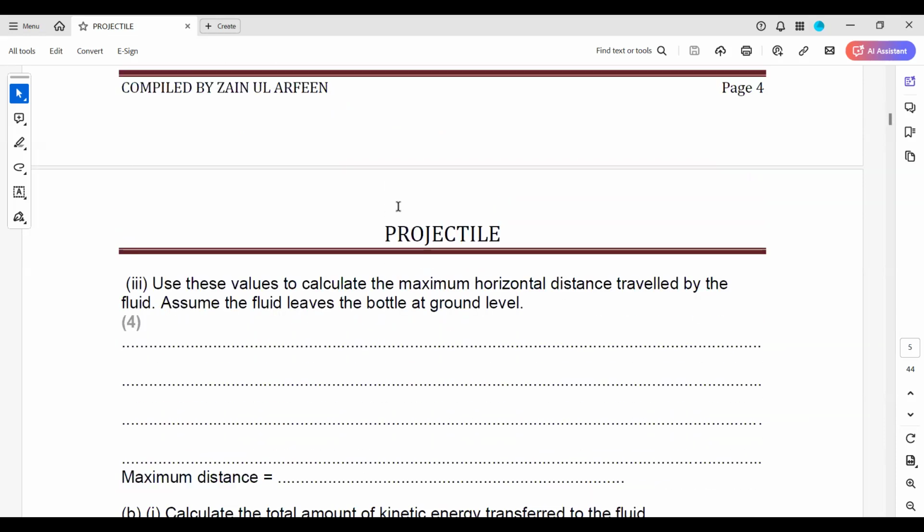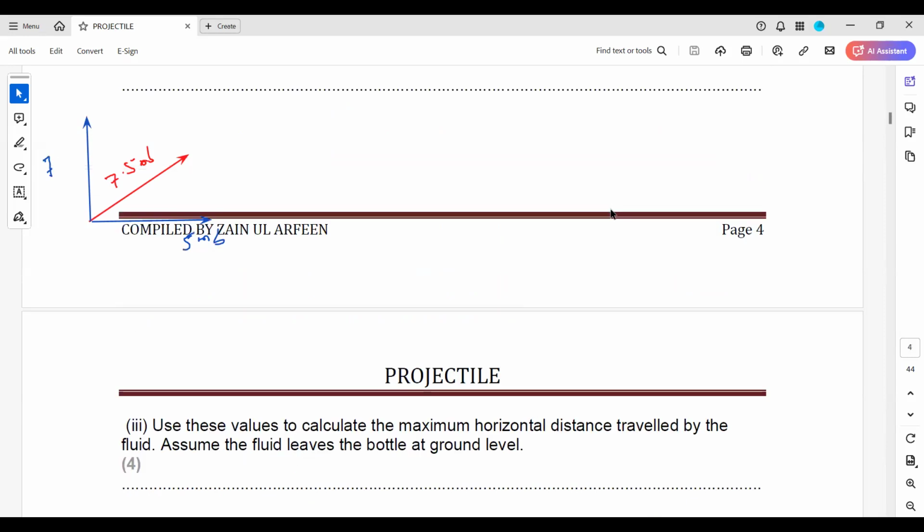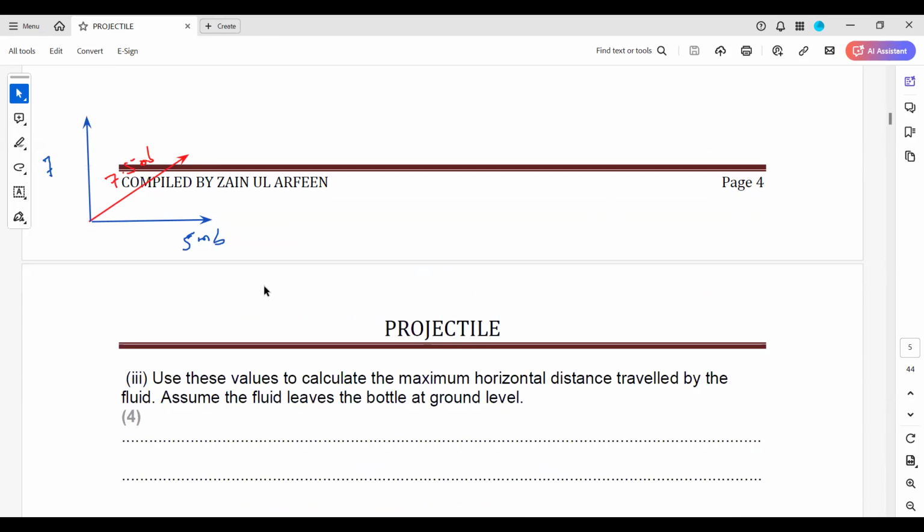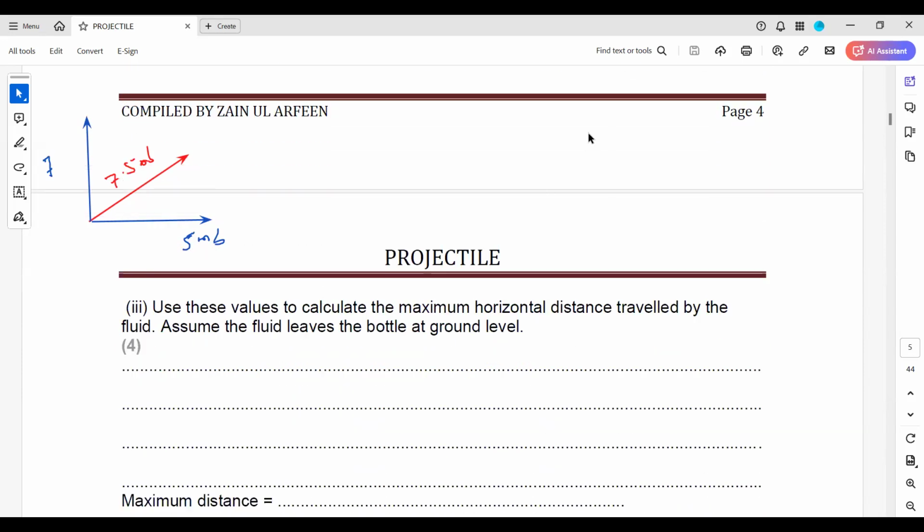We are launching a projectile which has a speed of 7.5 meters per second, and it has two components: the horizontal component is 5 meters per second and the vertical component is 6 meters per second. The question is the maximum horizontal distance, or the range of this projectile.